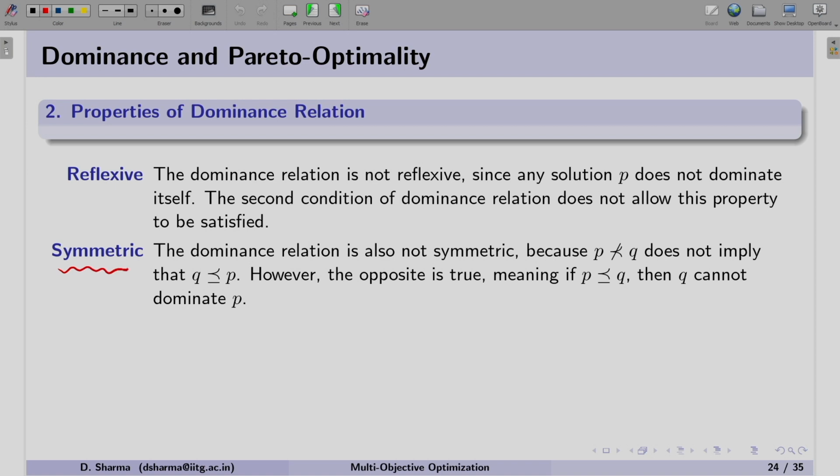The second property is symmetric. Now, the dominance relation is also not symmetric. Why? Let us understand that. If the solution P is not dominating Q, so this representation says that P is not dominating Q, it does not mean that Q is dominating P. If P is not dominating Q, there could be two possible ways: either Q is dominating P, or P and Q are both non-dominated.